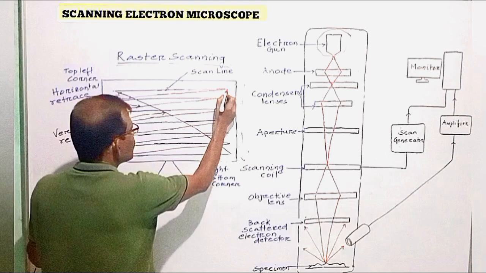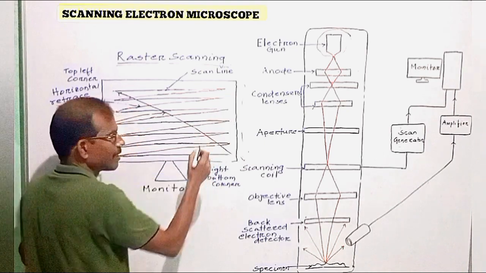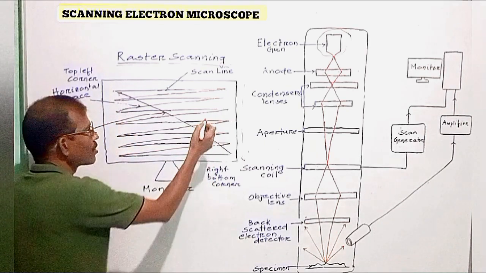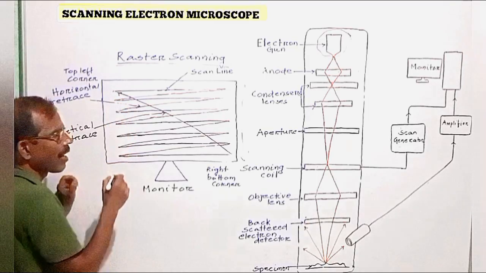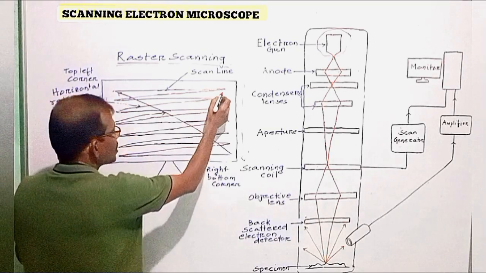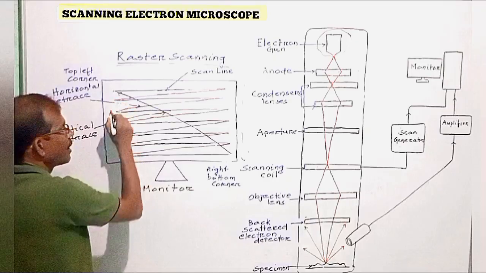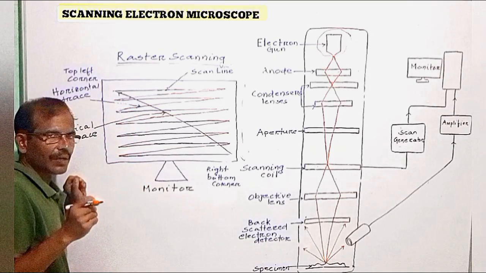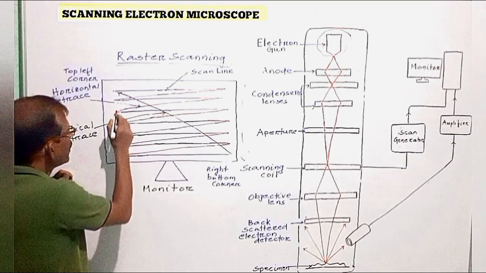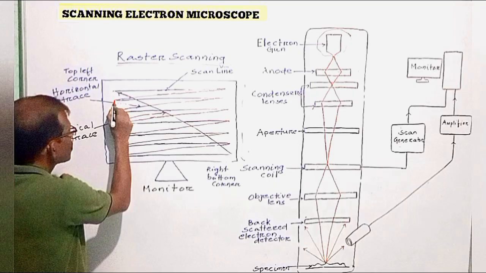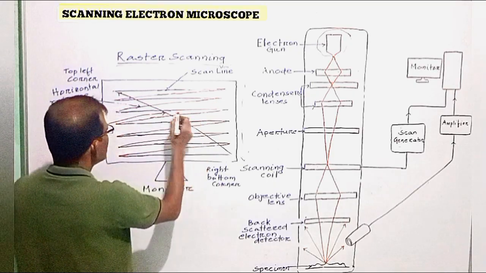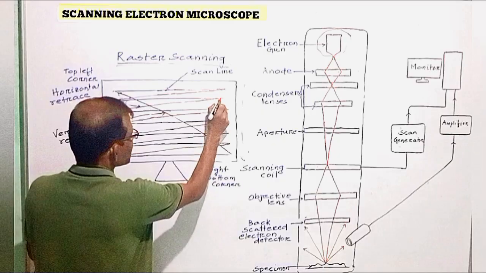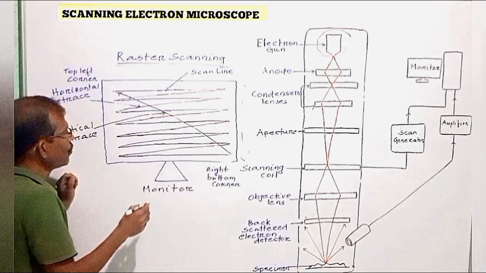When the beam reaches the right end, it is turned off and returns back to the left below the first line. This returning back to the left is known as horizontal retrace. Again, the beam is turned on and then moves from left to right. This forms the second scan line.